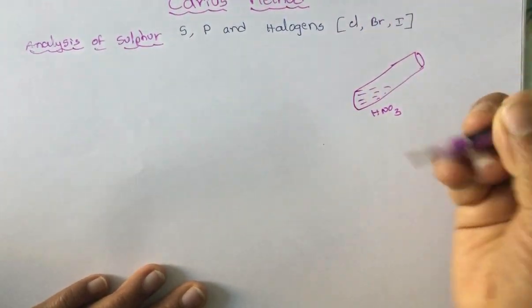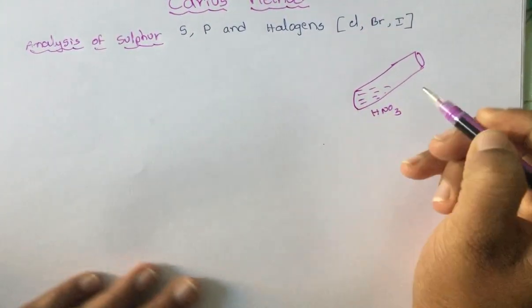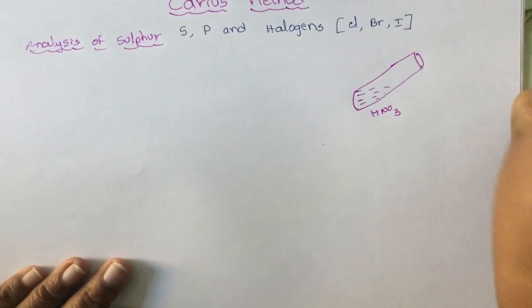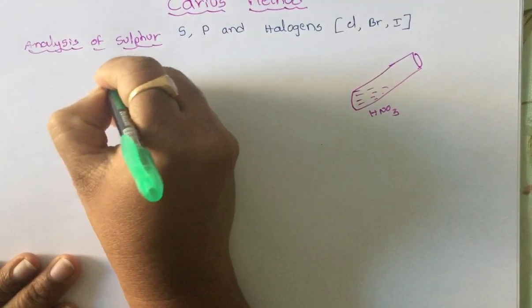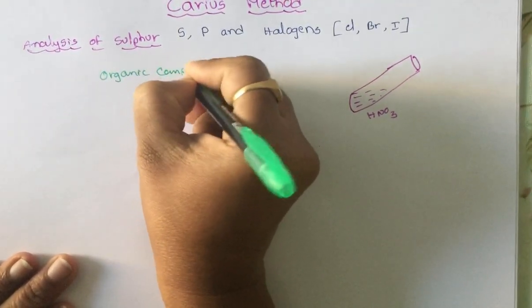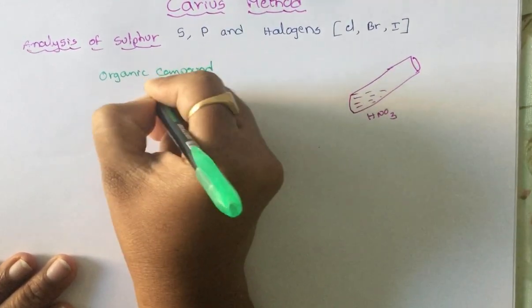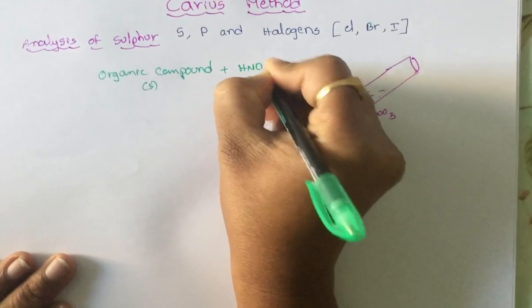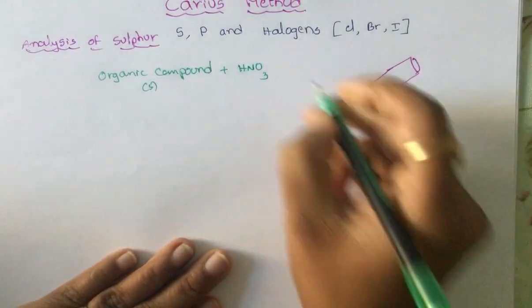Now the sample should be added to this, and when it is heated with nitric acid, the organic compound having sulfur is treated with fuming nitric acid, concentrated nitric acid or sodium peroxide.